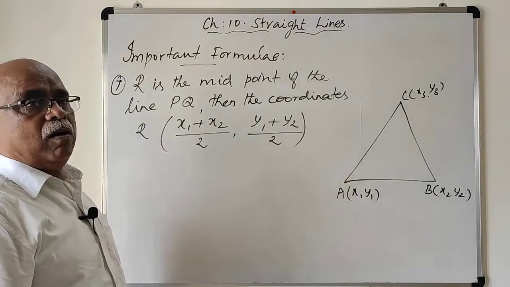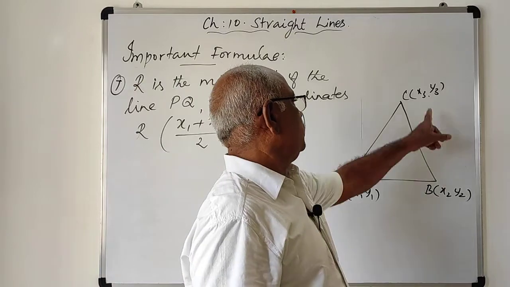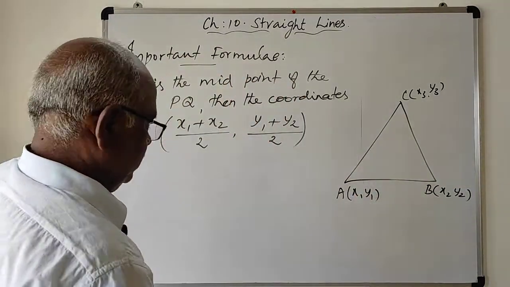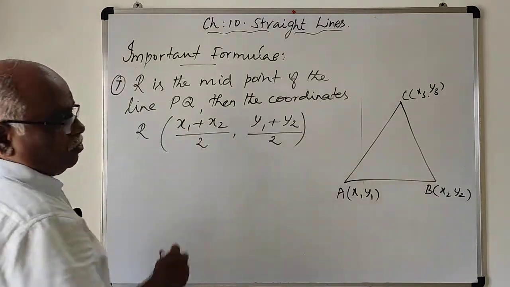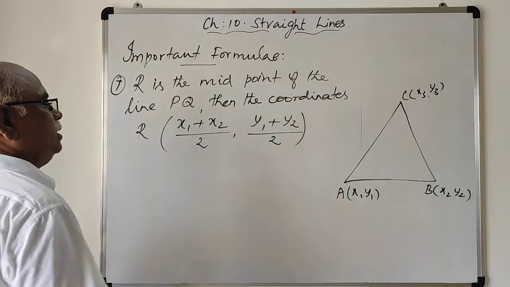So, area of a triangle ABC whose vertices are (x1, y1), (x2, y2) and (x3, y3). Then the area of the triangle is given by a result. See, this is also something you have studied in your previous class. I just recall the result.